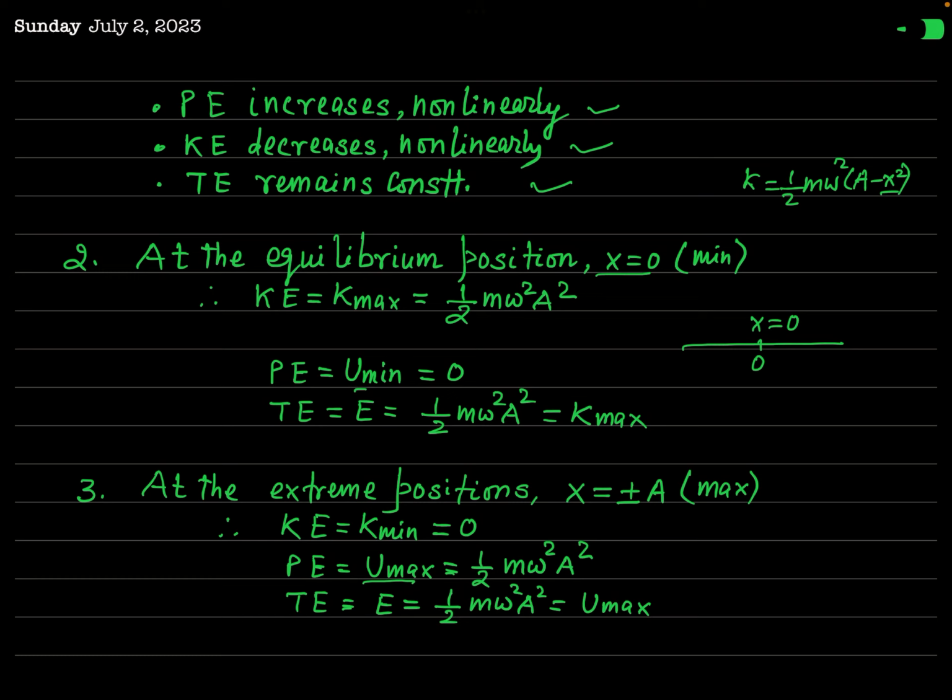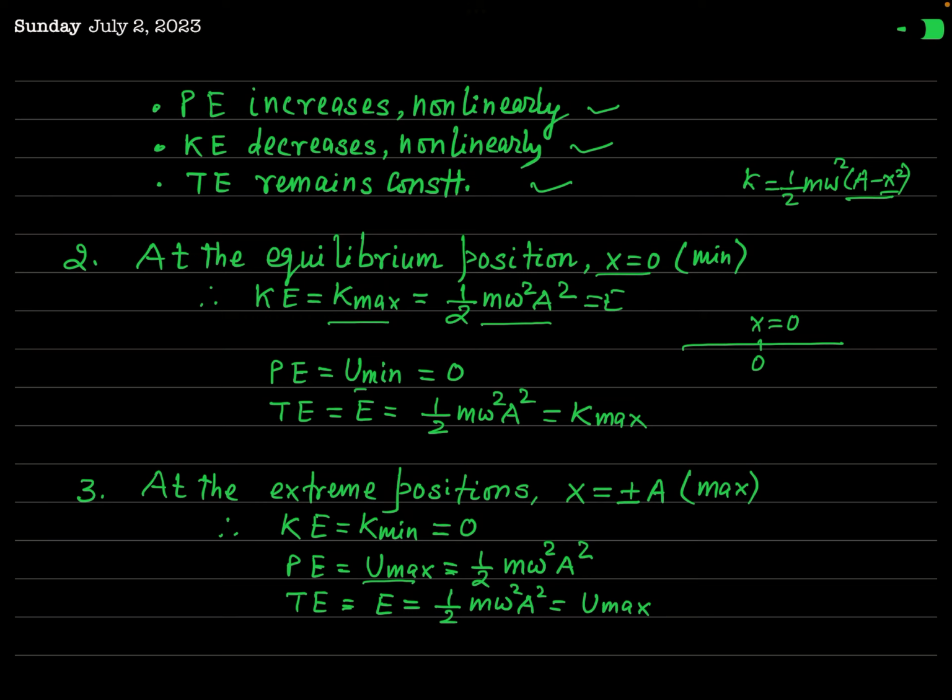That's why we say that at the equilibrium position, kinetic energy will be maximum, and this maximum value will be half m omega square a square, as you can see from this equation after substituting x equal to 0. And this expression is nothing but the total energy. So you can also say that the maximum kinetic energy is equal to the total energy.